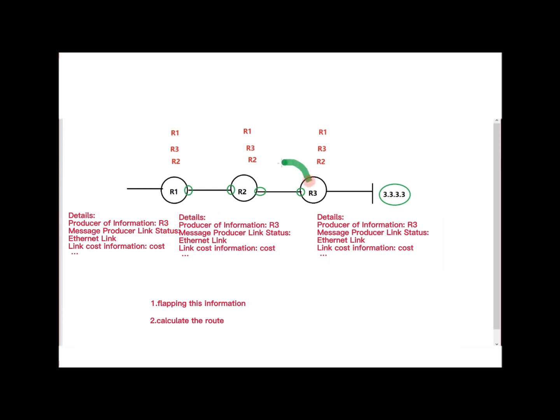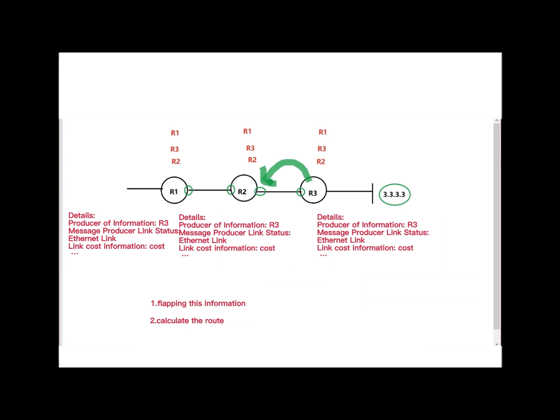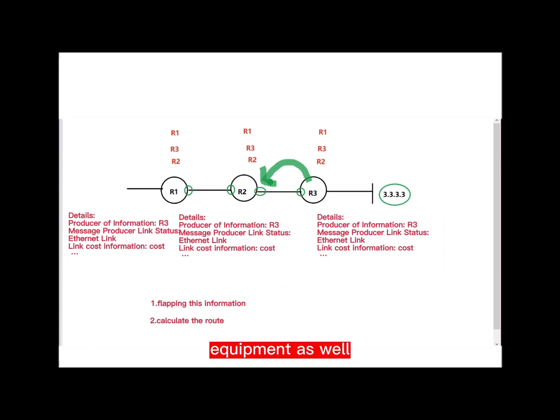That is, R3 now has to pass its information to R2. Then that's the problem. Like we do in real life, if you want to tell others about yourself, you two have to get to know each other first. Equipment as well. The device now wants to pass information to other devices through OSPF.